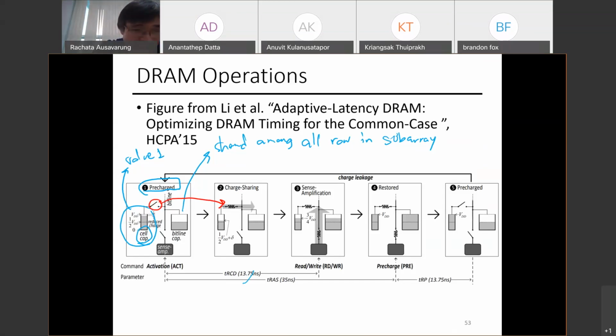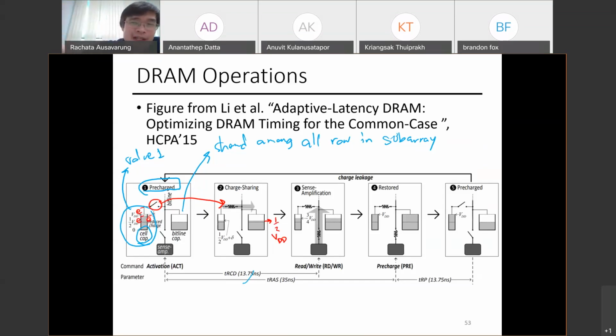You have electrons here, right? This electron level is greater than this value here, which is half of VDD. VDD is some voltage value that is a reference voltage.